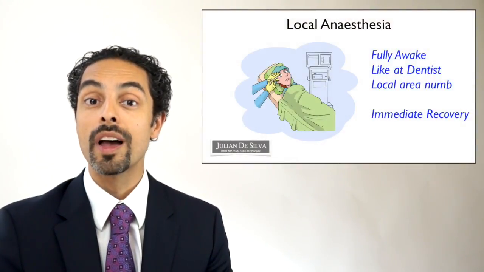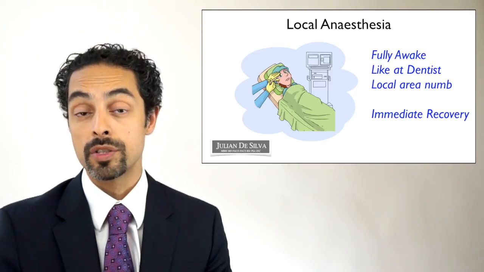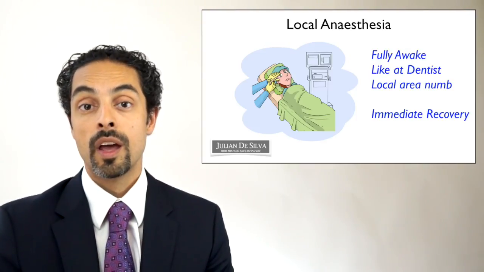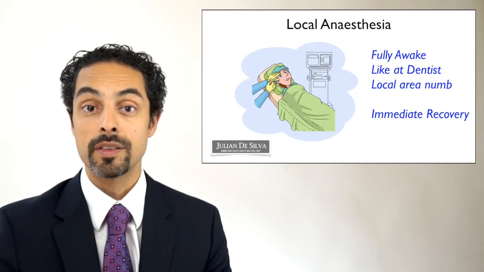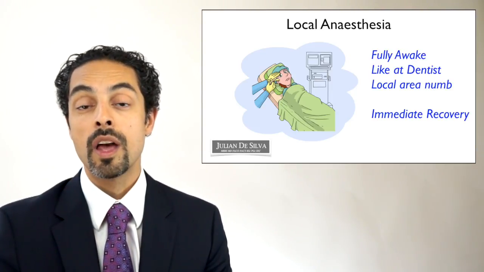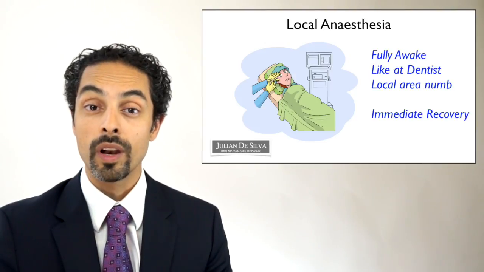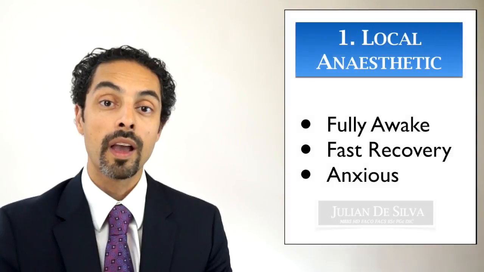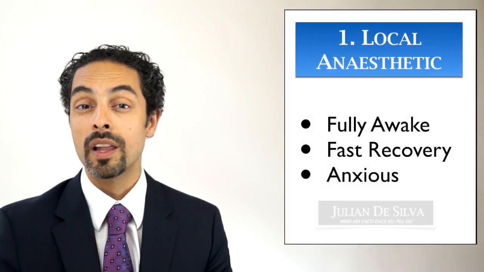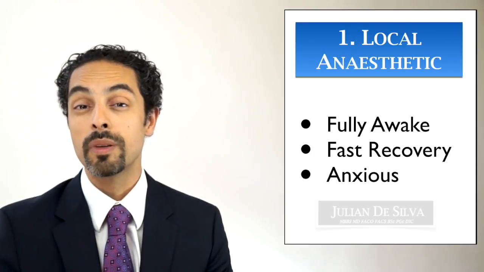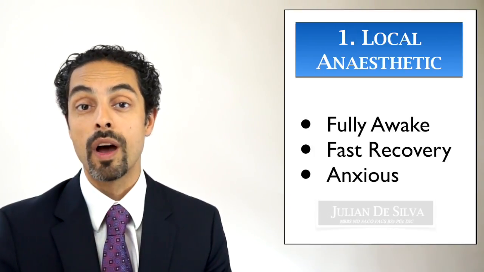So local anesthetic, as we talked about, means that there is numbing agent just in that localized area in which you're having the lower eyelid surgery. Now the lower eyelid tends to be quite a delicate area of the face, and although it does numb with local anesthetic, having lower blepharoplasty under local anesthetic can be a little challenging for a patient because of the sensitivity of the lower eyelid.